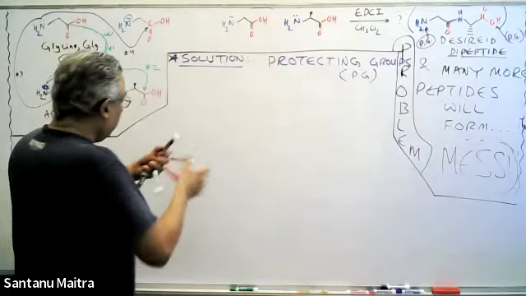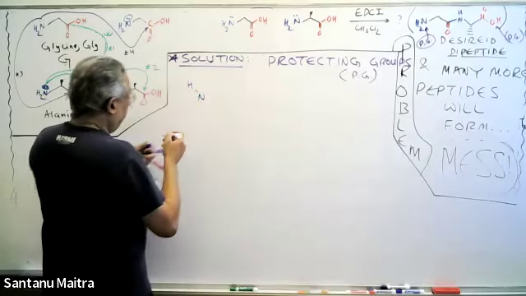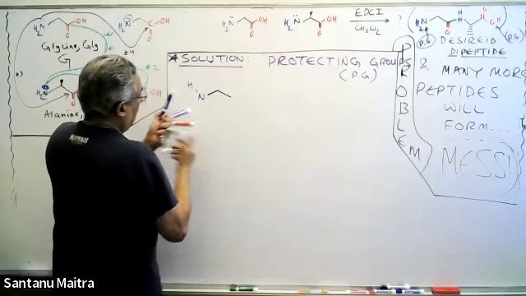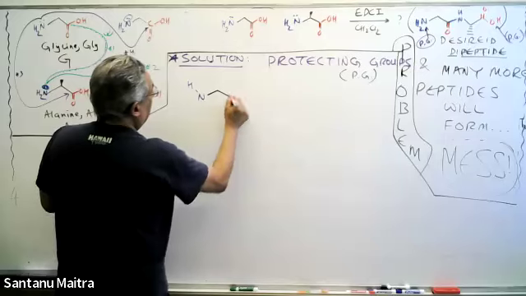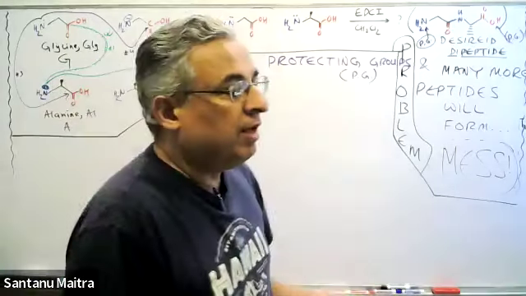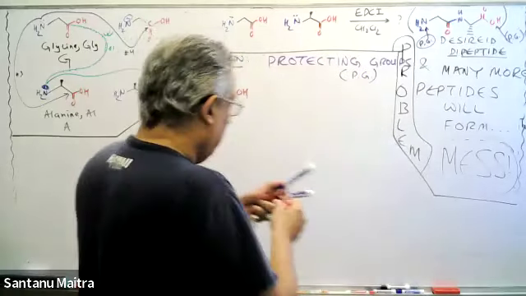So what you want to do is start with glycine and use a protecting group. If you want acid sensitive, we will use a group called BOC.